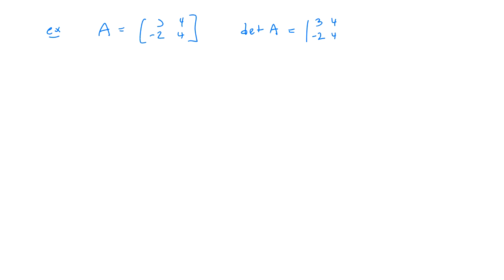So we want to get the determinant of this matrix: 3, 4, negative 2, 4. You can write determinant in two ways: either the word determinant, or if you make the brackets around the matrix into lines, then that is the notation for the determinant.